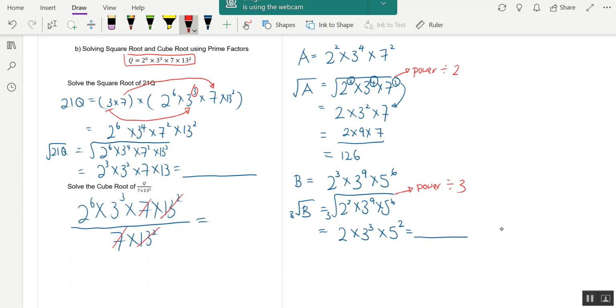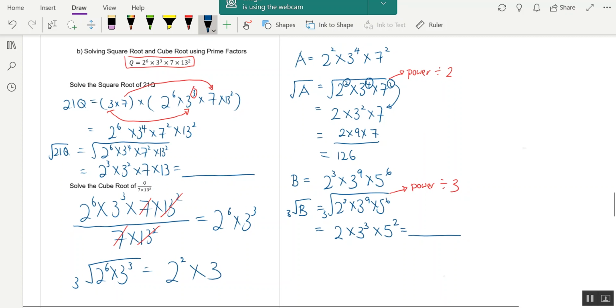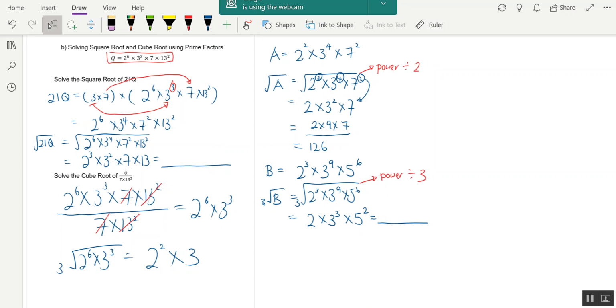The 13 squared can cancel. I will have 2 to the power of 6 times 3 to the power of 3. So the cube root of 2 to the power of 6 times 3 to the power of 3 equals, the power will divide by 3, so 2 squared times 3. That gives my answer 4 times 3, which equals 12.